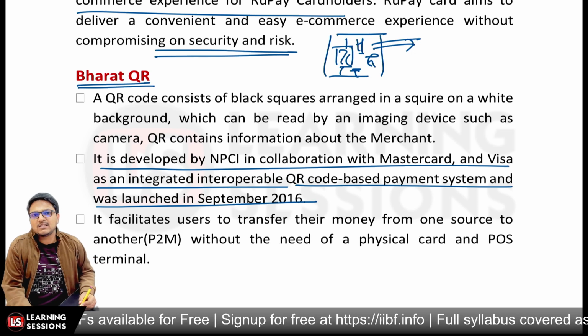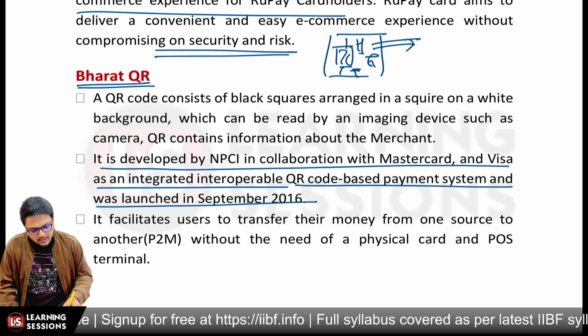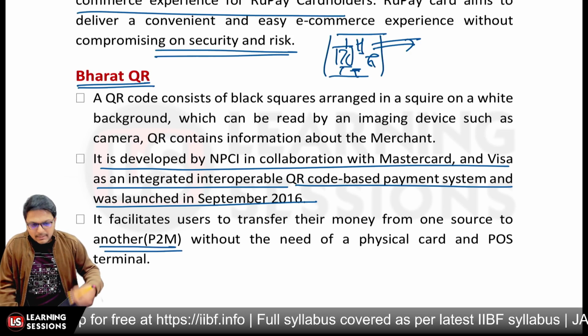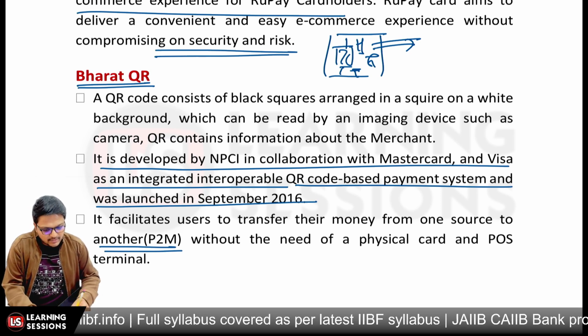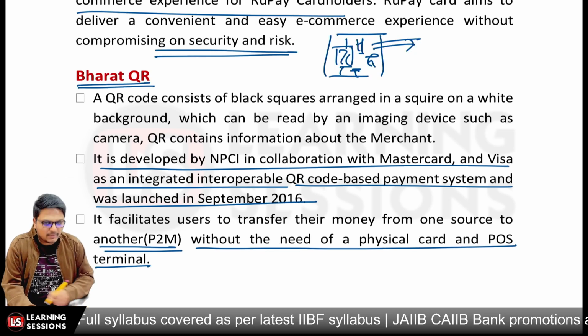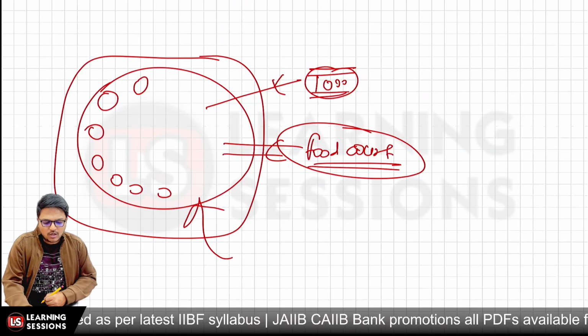It facilitates the user to transfer money from one source to another, particularly for P2M purposes, without the need of a physical card or a POS terminal. That's not required. Simply using the QR code, you can make the payment. So that was the funda related to it, and that was all about this particular video.